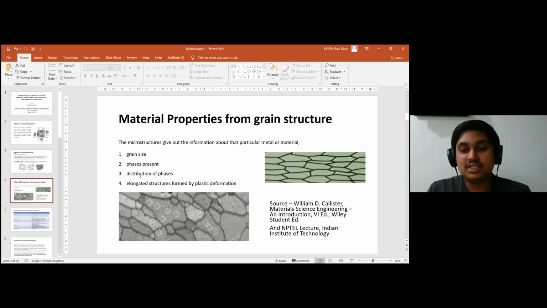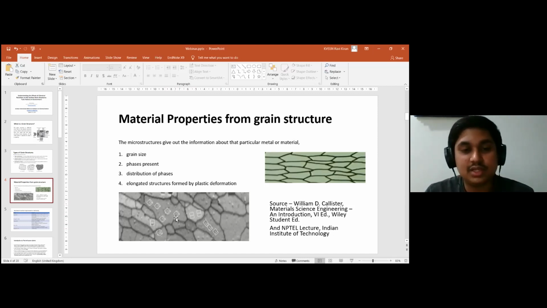And the phases, as I told you, are the orientation of the combination of unit cells that are present in a particular grain structure. In here we can observe that these unit cells are in different orientations for every individual grain, which indicates what kind of compound we can find in these grain structures.